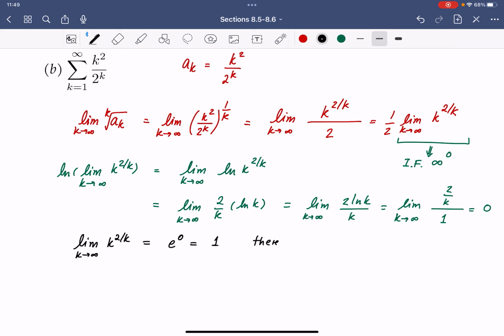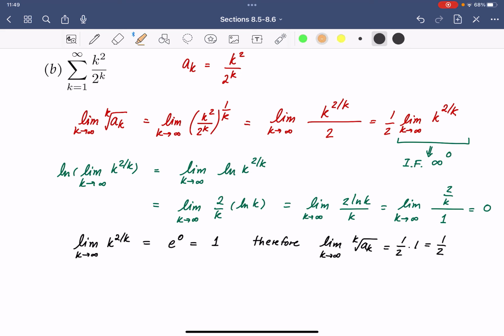So once we have this limit equal to 1, therefore the limit of the k-th root of ak is going to be 1/2 times 1, which is 1/2, right?